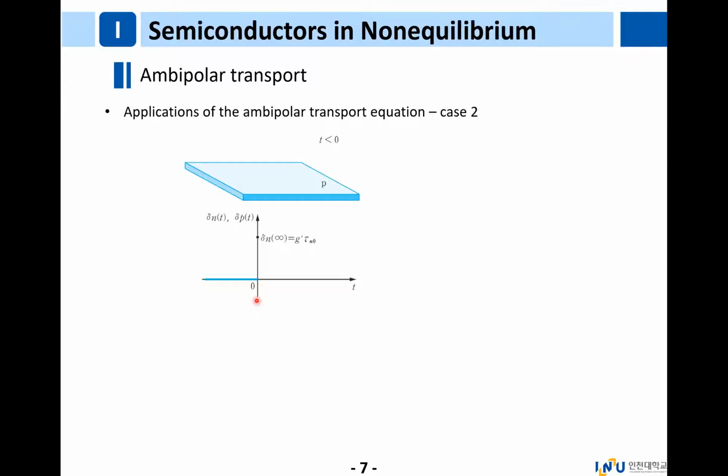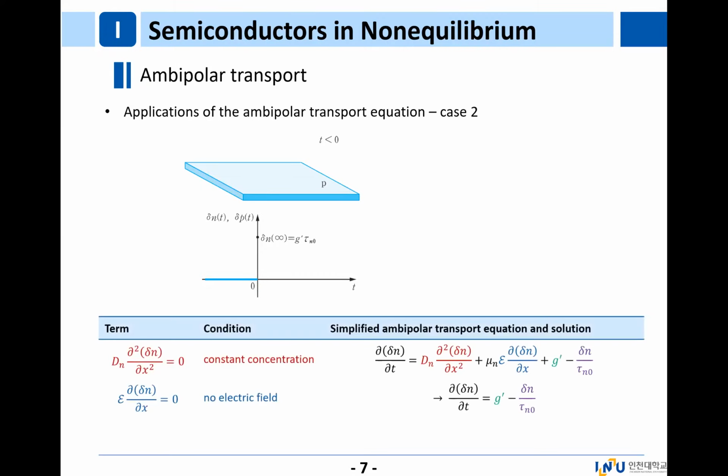Since we are illuminating the entire semiconductor with light, excess carriers will be uniformly distributed, right? And there is no applied electric field, so they are uniformly distributed with no electric field.